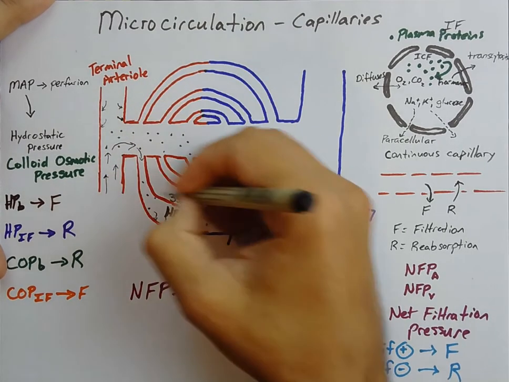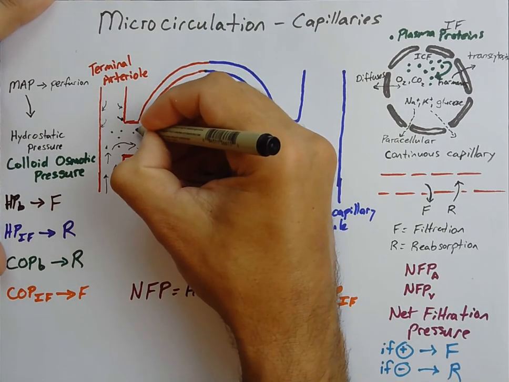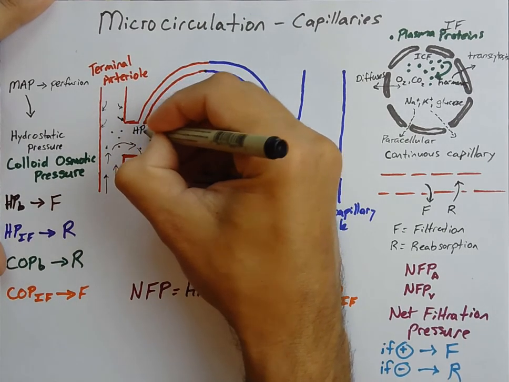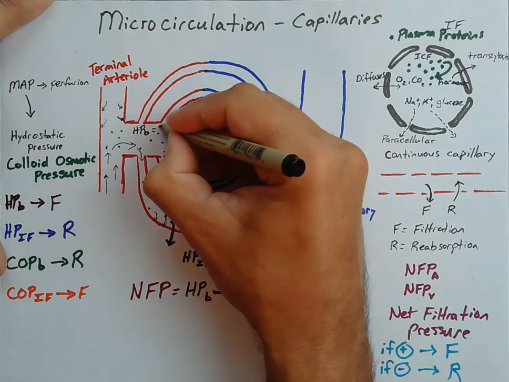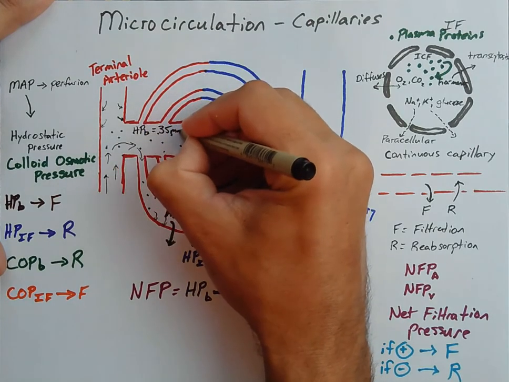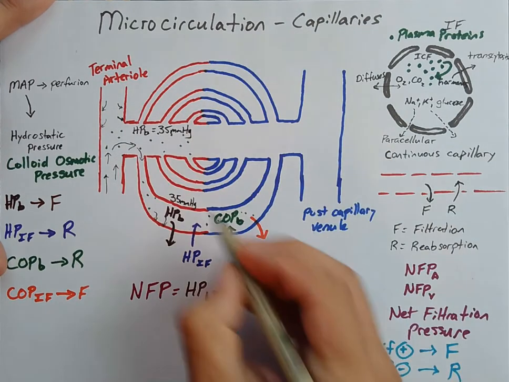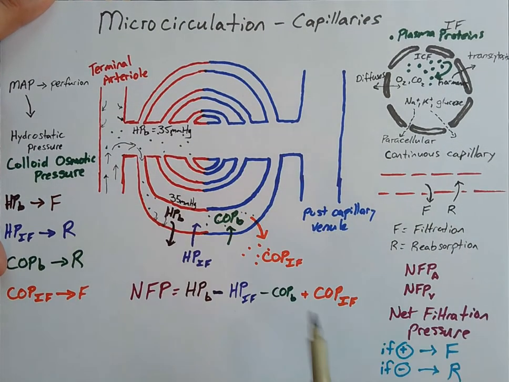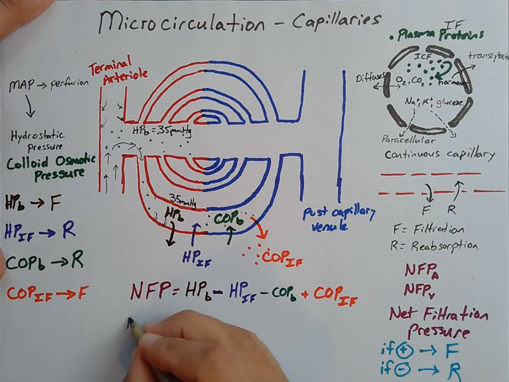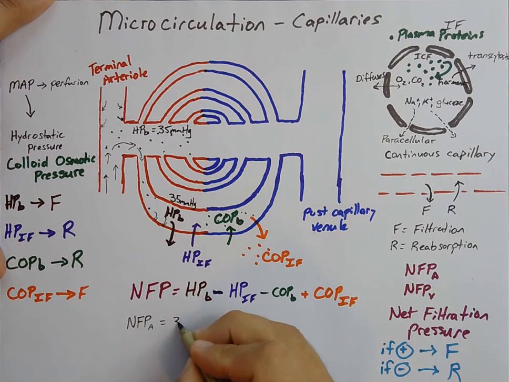So here at the beginning of the capillary bed, the hydrostatic pressure inside the blood is approximately 35 millimeters of mercury. Okay, that's the pushing pressure, promoting filtration. Cool. So we're going to go ahead and write that in down here. We're going to say NFP on the arterial side of things is equal to 35 millimeters of mercury.